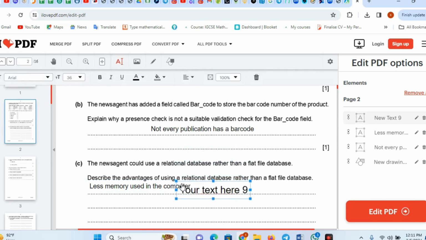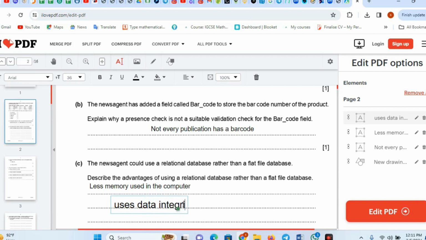Let me type number 2, then we can move to number 3.